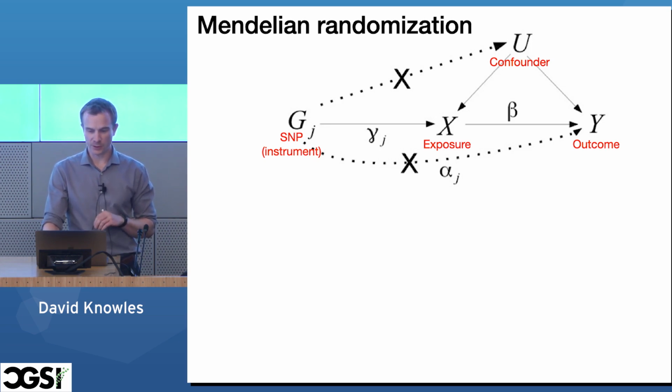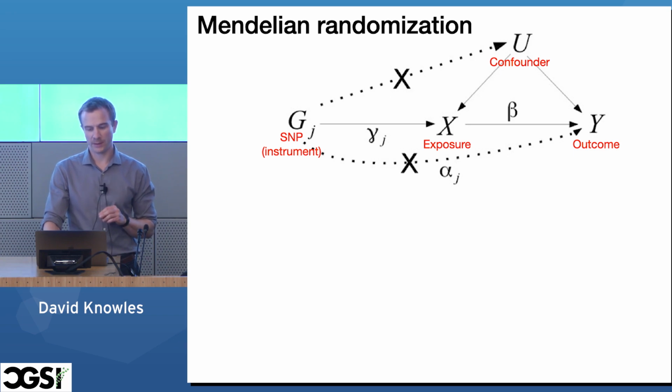Mendelian randomization, or MR, tries to get around this issue that if you're trying to estimate the causal effect of some exposure X on some outcome Y, then you're always worried that there might be some confounder U that is associated with both of those and causally influencing both X and Y, making you think there's a causal effect when there isn't. So MR uses SNPs as what are called instrumental variables to try and get around this problem. And it works under two assumptions.